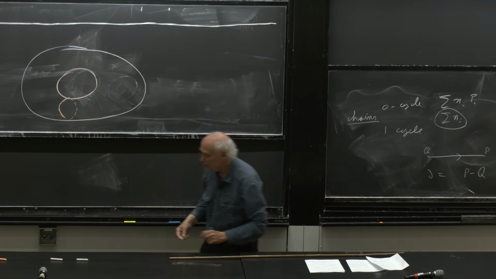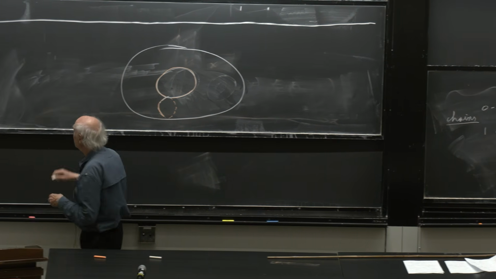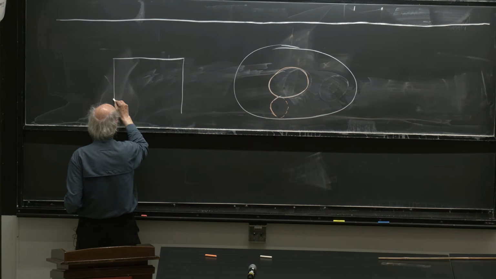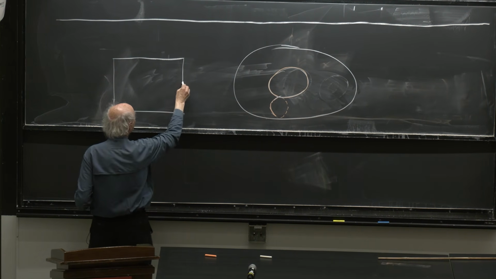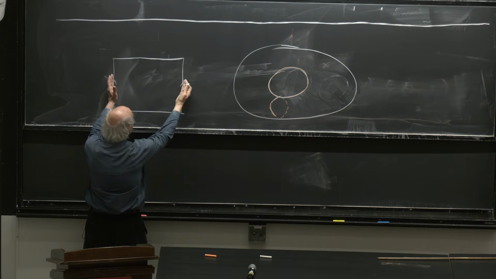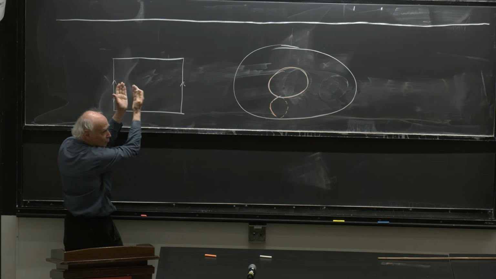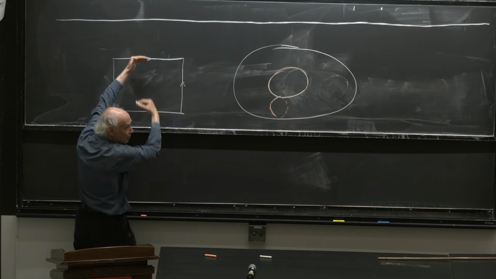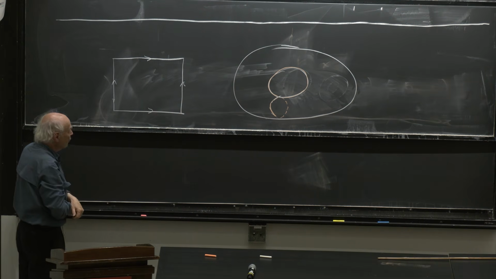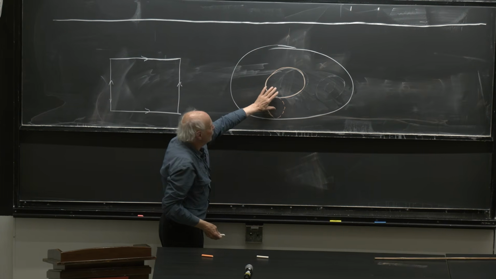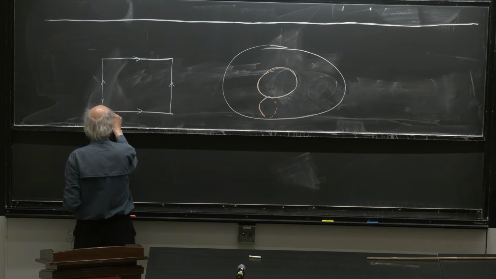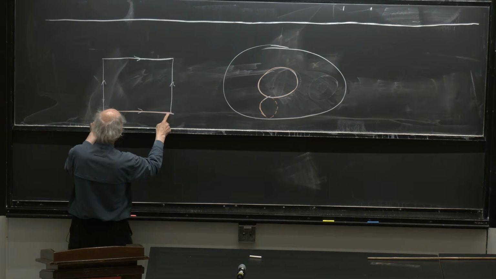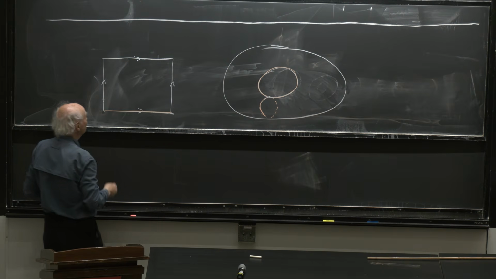Now, a convenient picture for this is that you view it as a square, but you identify those two sides, that's to make the cylinder, and afterward you identify those two. So on the one hand I will have this circle, which is closed because this is the same point as this one.